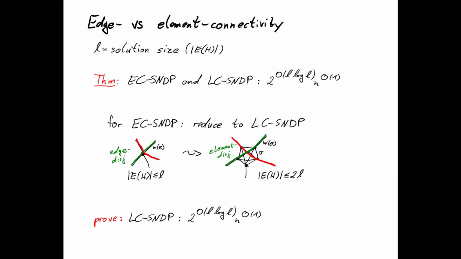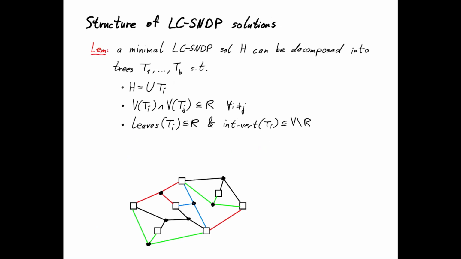And so what we really want to do is to prove that element connectivity SNDP is FPT for our parameter. All right, so how do we do that? The key insight is this lemma, which says that if you take any minimal solution, meaning that you cannot remove any edge without making the solution infeasible, then you can decompose it into a bunch of trees, in such a way that the union of the trees is just the solution.